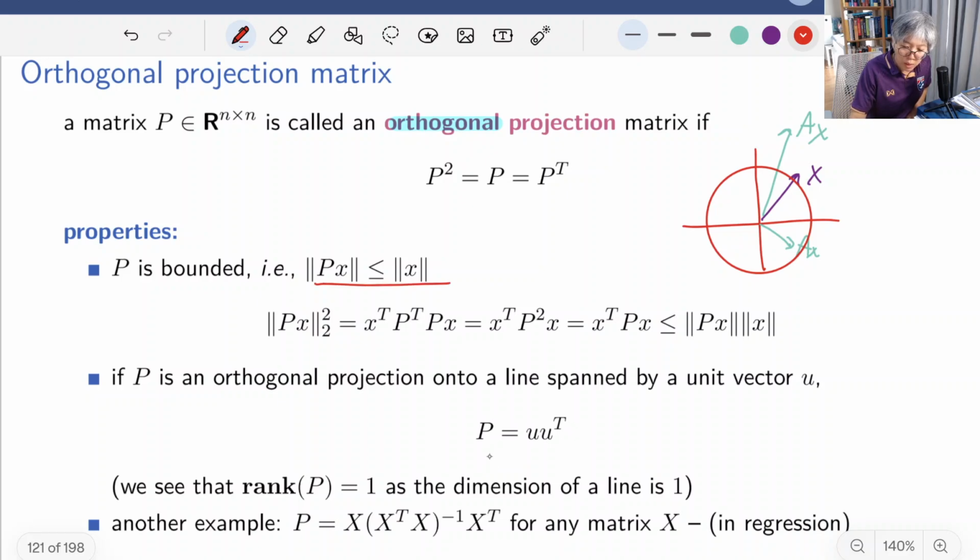What I mean is that Px lies inside this norm ball. It can be equal, but it cannot be bigger than the norm of x.